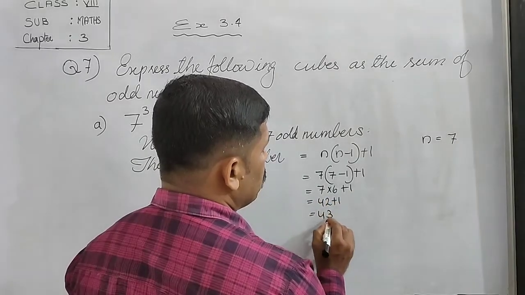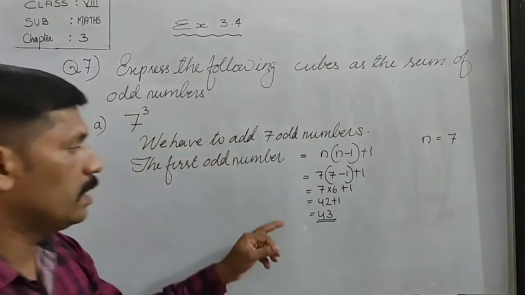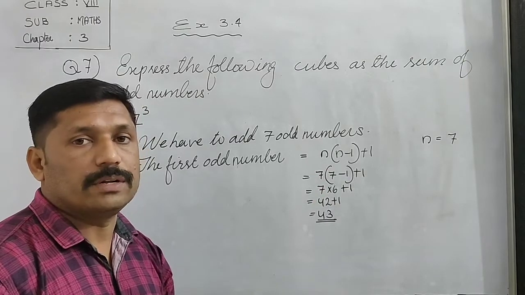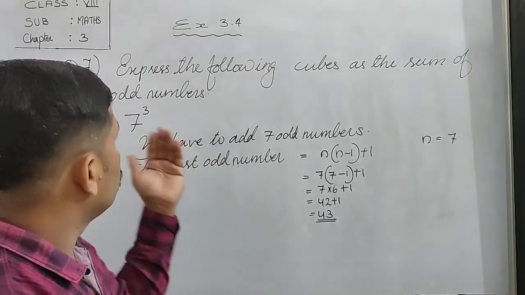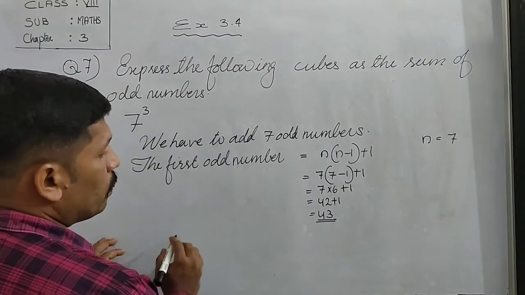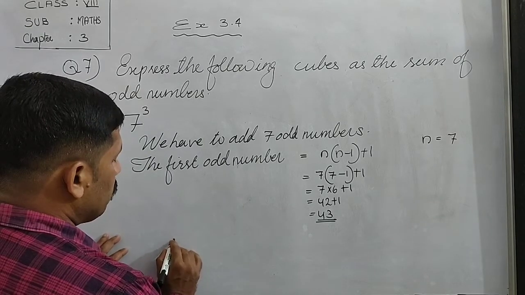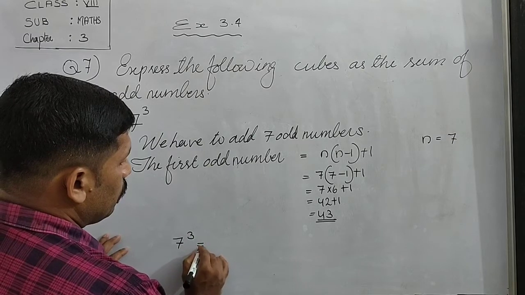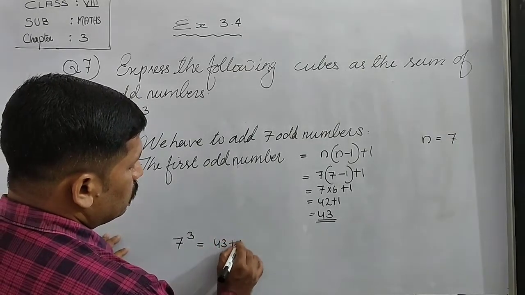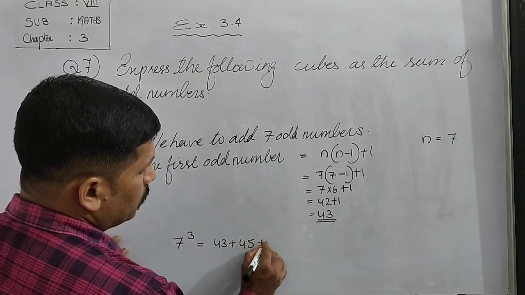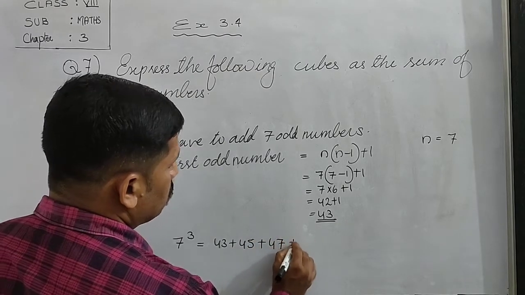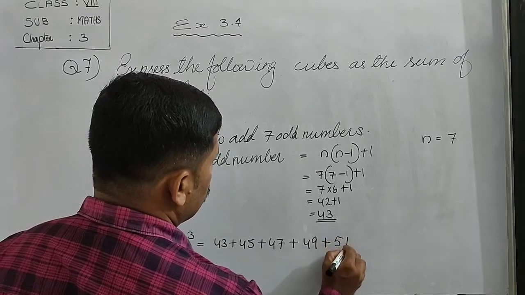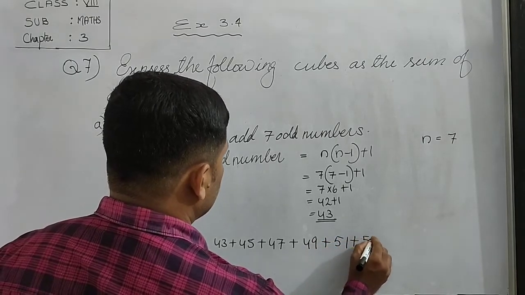So 43 is the first odd number that we are going to add, and from 43 the next 6 continuous odd numbers we add, then we get the cube of 7. Therefore we can write 7 cube is equal to 43 plus next odd number 45 plus 47 plus 49 plus 51 plus 53.